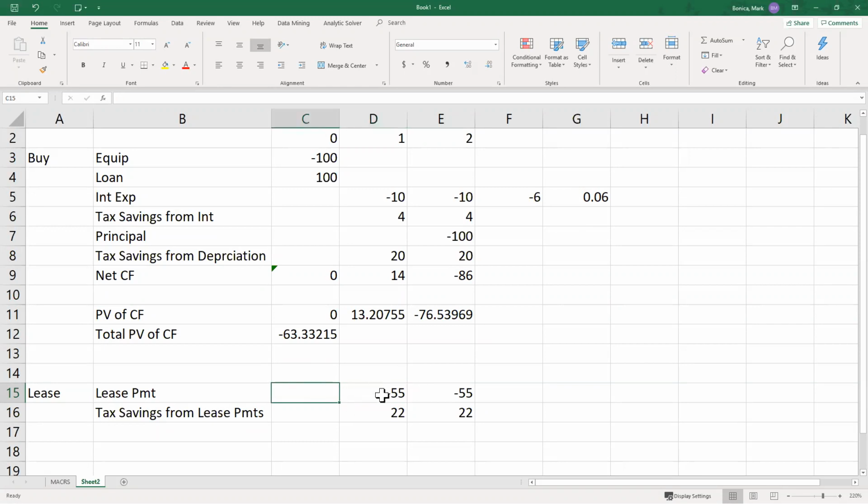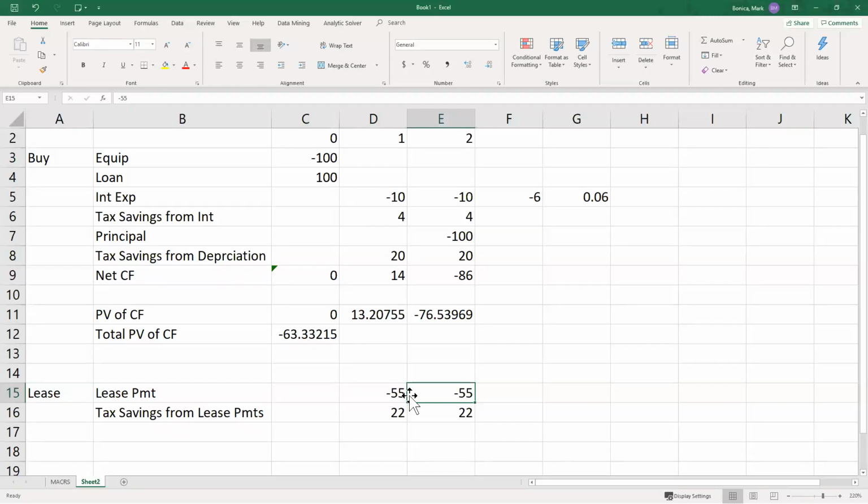So at time zero, if you lease the equipment, you have no cost. At the end of year one, you pay $55,000. And at the end of year two, you pay $55,000. Now, any expense that you incur has the effect on your taxable income of bringing it down.